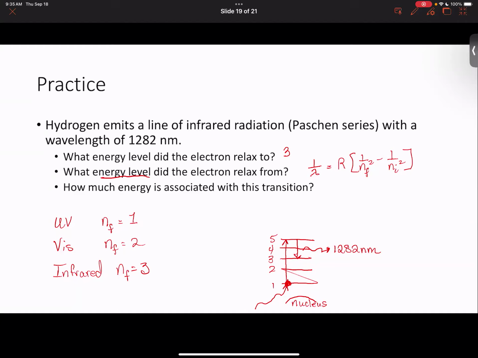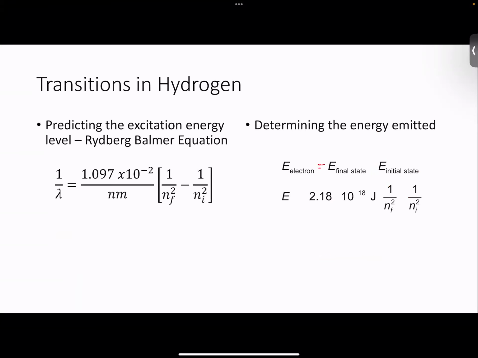Now, when I ask you to solve for the energy associated with a particular transition, the equation that you're going to use is that the energy of the electron is equal to the energy of the final state minus the energy of the initial state. We can use our energy equation, and what comes up is energy of 2.18 times 10 to the minus 18 joules times 1 over n sub f squared minus 1 over n sub I squared will give you the energy.